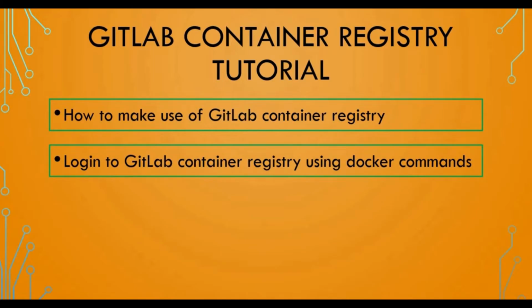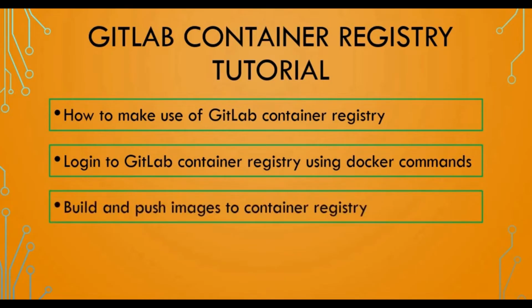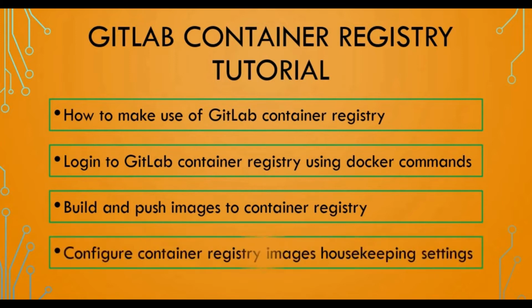We will see how to create those things. And we will also talk about how to build Docker images and push them to the container registry, or you can use existing images, tag them to the registry, and push them to the Docker container registry in GitLab.